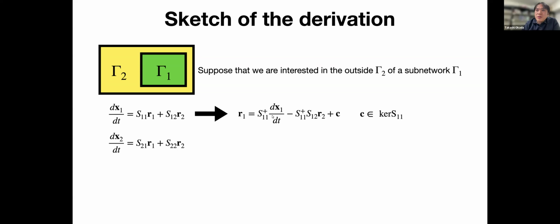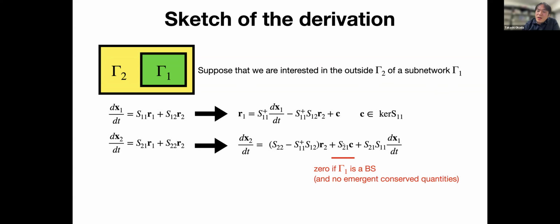and then we substitute this expression into the second equation, and we obtain this complicated equation. And this can be done for any subnetworks, gamma 2 and gamma 1. But when the subnetwork gamma 1 is a buffering structure, we can prove that this term, S21 times C, where C is a kernel vector of S11, is 0.